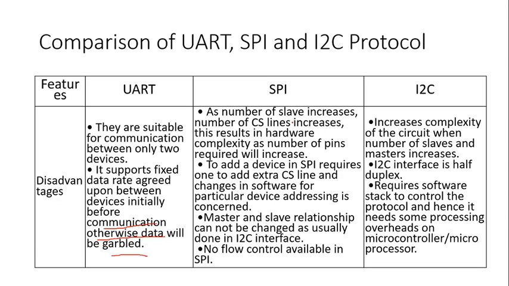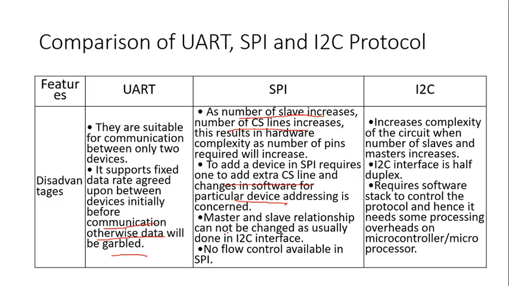And in case of SPI, the disadvantages: as the number of slaves increases, the number of chip select lines increases. It means hardware complexity increases. To add a device in SPI requires one to add extra chip select lines and changes in software for particular device addressing. Means software is also increased.